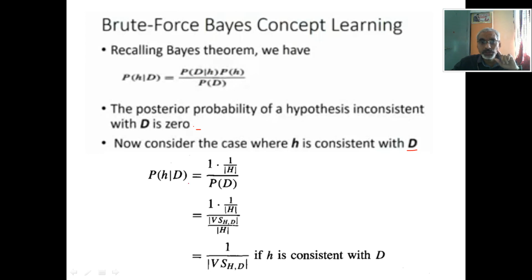Probability of H given D is equal to, now look into the numerator: probability of D given H into probability of H. Now what is the probability of D given H? For the entire data set, when it is consistent with your given hypothesis, then we represent it with 1.